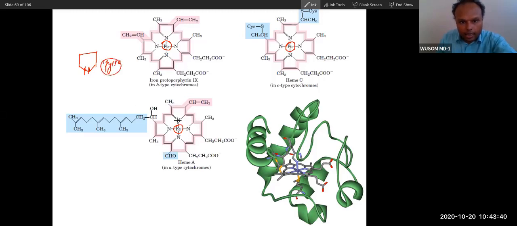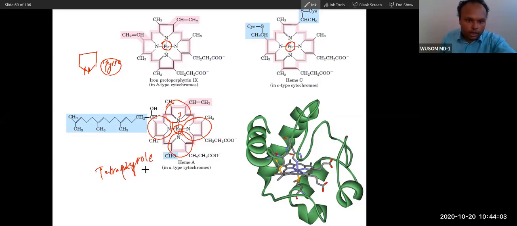Everywhere you will see 4 such pyrroles: 1, 2, 3, and 4. So this is called a tetrapyrrole structure. This tetrapyrrole with iron at the center is called heme. Heme is a tetrapyrrole structure with iron at the center.